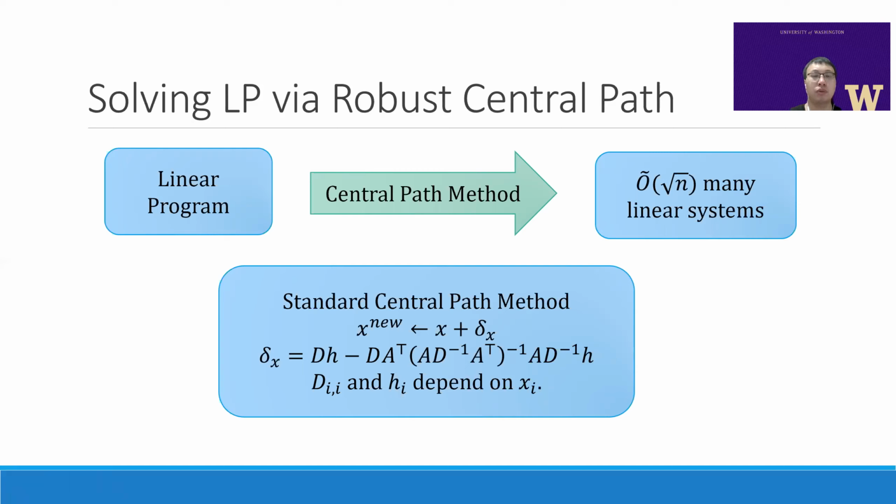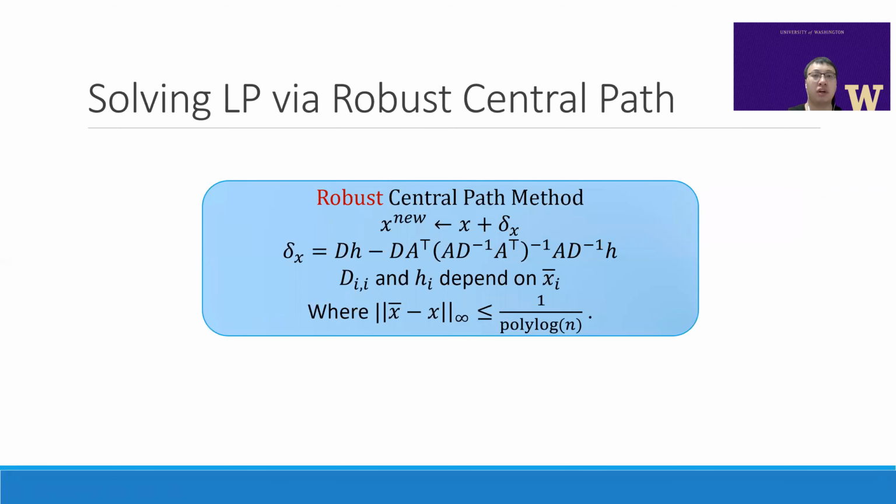In our paper, we use a variant of the standard central path method, what we call the robust central path method. The main difference is instead of updating x using exactly the formula of solution vector x, we allow using some L infinity approximation of x. We call it x bar.